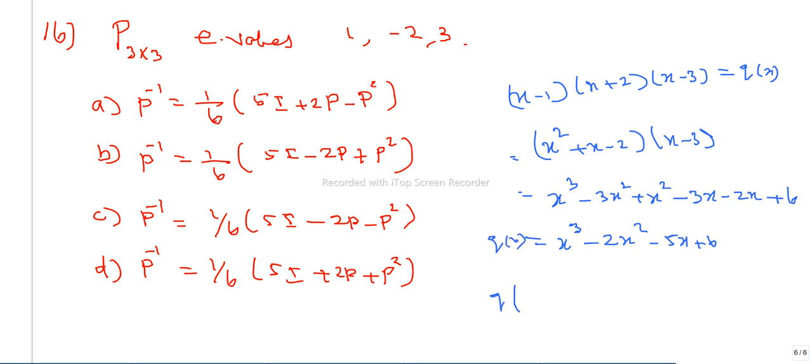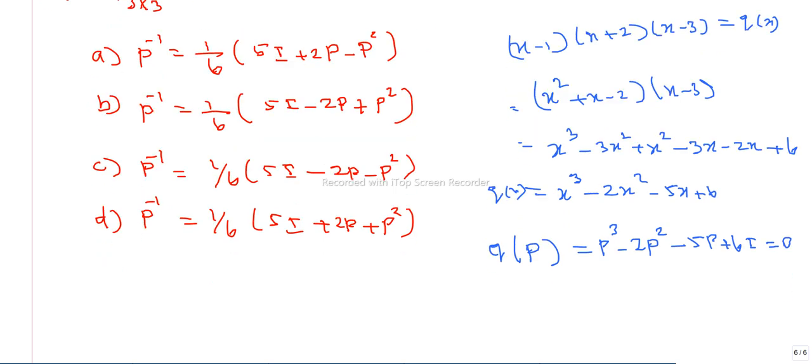Therefore q of P should be 0. What is q of P? P cube minus 2P square minus 5P plus 6 times identity equals 0. Take 6I to that side, then take P outside and multiply with P inverse.